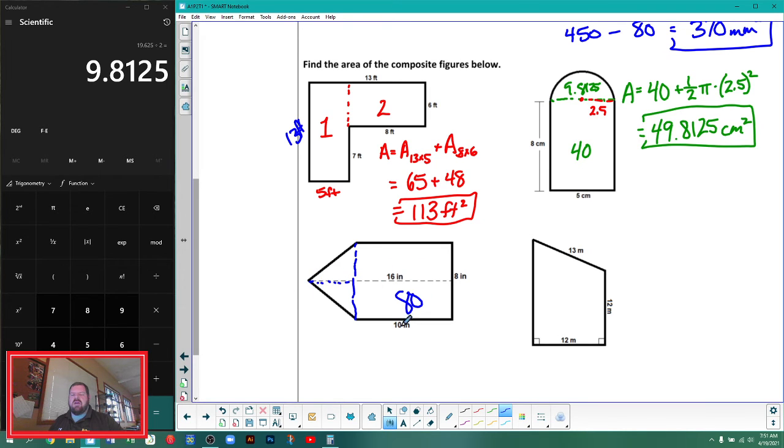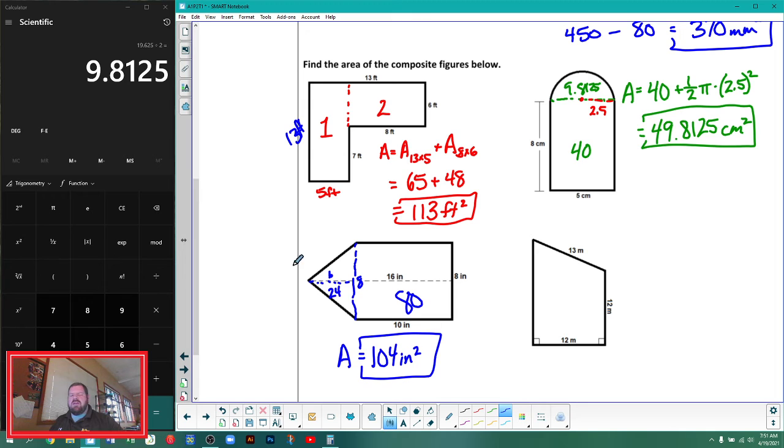16 all the way across minus 10. So the height is 6, and the base is 8. So 1/2 6 times 8 is 1/2 of 48, which is 24. So the area of this triangle is 24. If I add those two together, we get 104 inches squared.